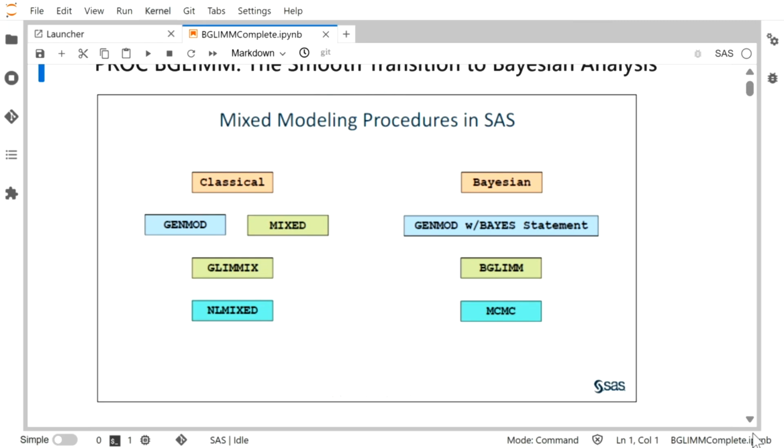Now, BGLIMM stands for Bayesian Generalized Linear Mixed Models. And do you see the hidden term GLIMMX starting to appear in that procedure name? Yeah.